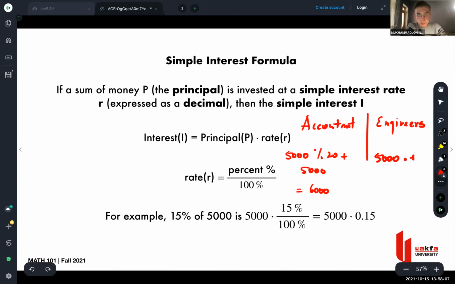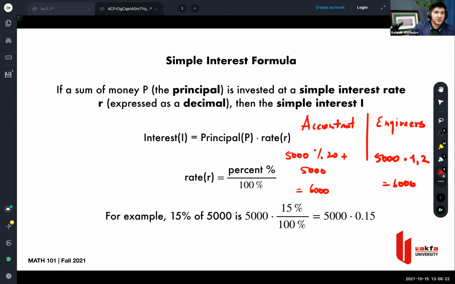You would just multiply this by 1.2. So if you multiply 5,000 by 1.2, it is going to be again 6,000. And you can do this without actually calculating what is the 20% of the 5,000.